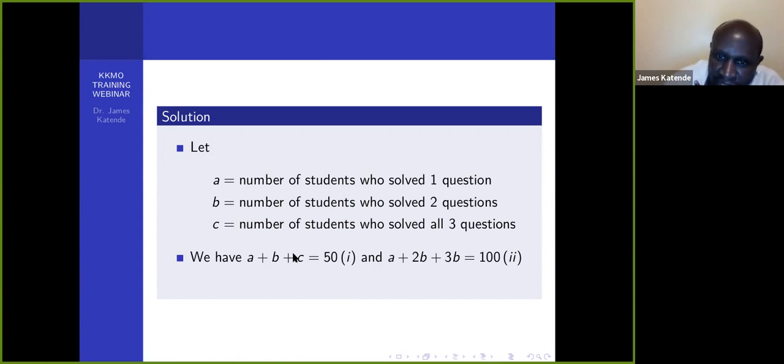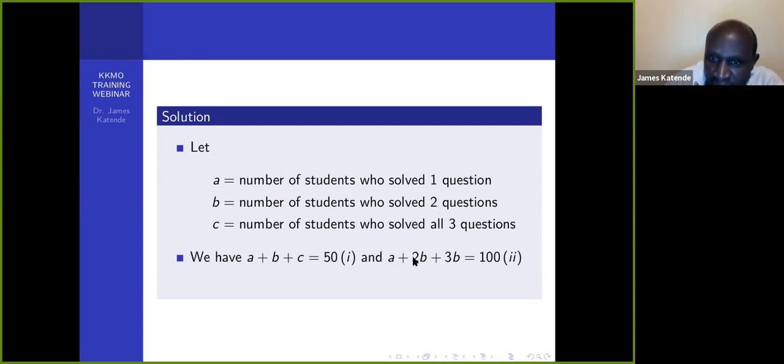Now, the other thing you know is that you can add up the number of questions solved. A students solved exactly one question, so this is the number of correct ones.